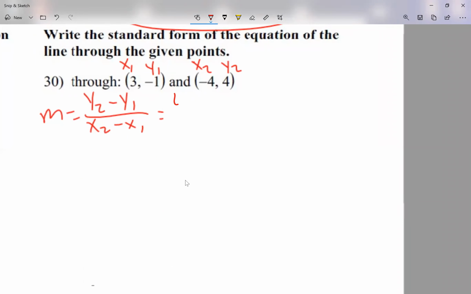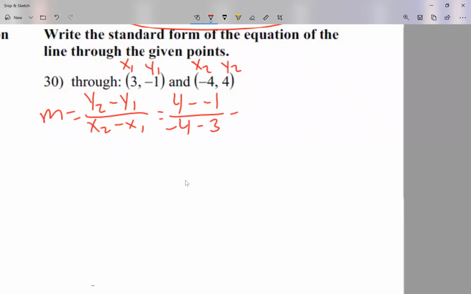So in this case, 4 minus a negative 1 over a negative 4 minus 3. That's going to give me 5 over negative 7. Bring the negative to the front, 5 over 7. So my slope is negative 5 over 7. Why? When there's a negative sign, it doesn't matter if it comes from the top or from the bottom, bring it to the front.